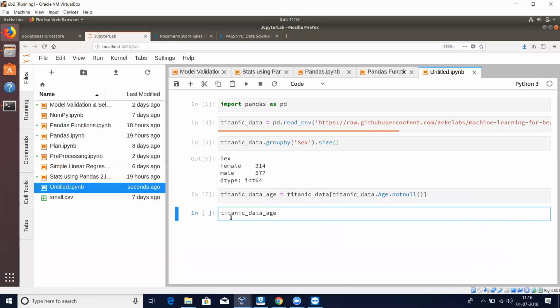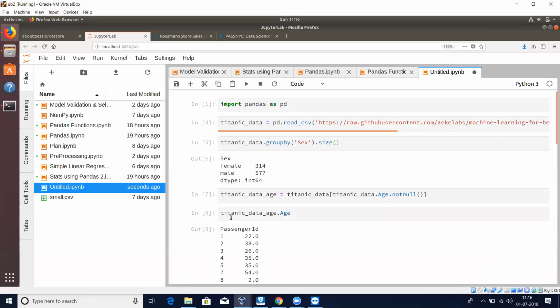Titanic data age not null. Okay, you have all the columns.